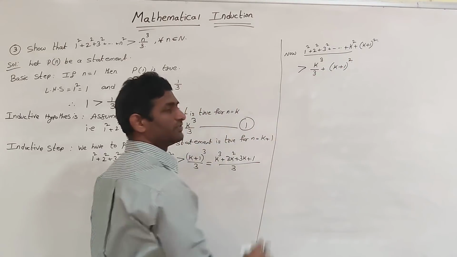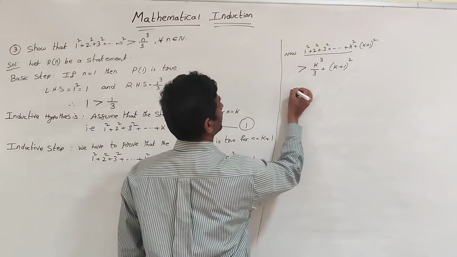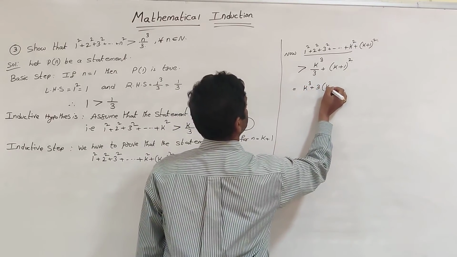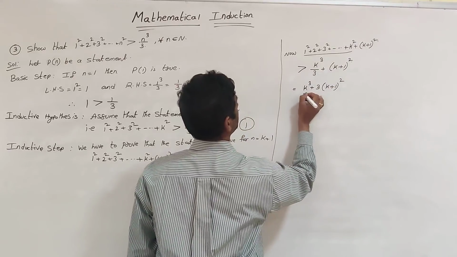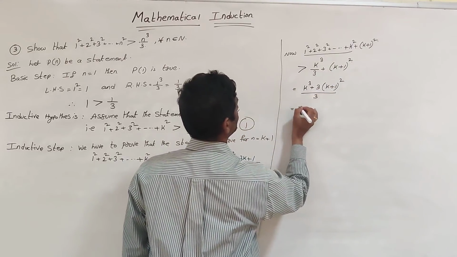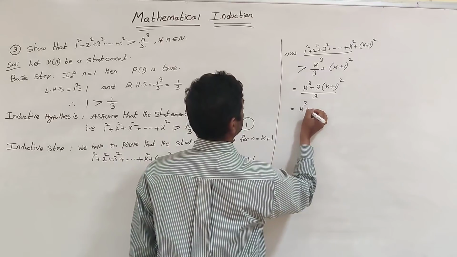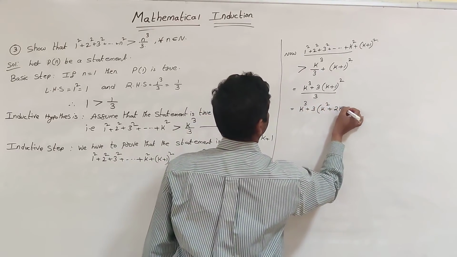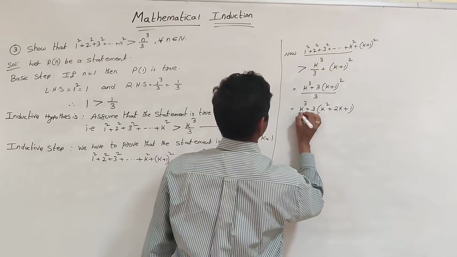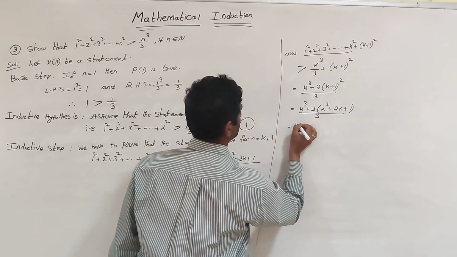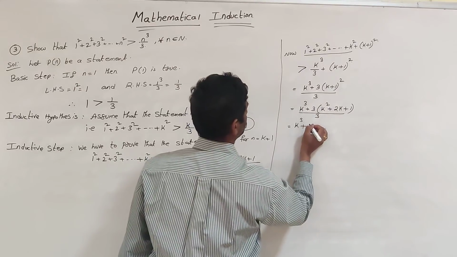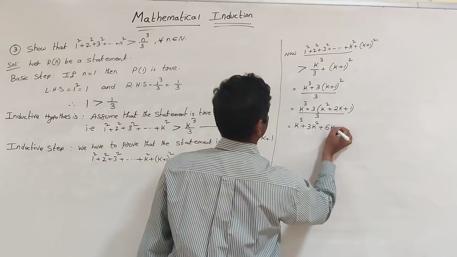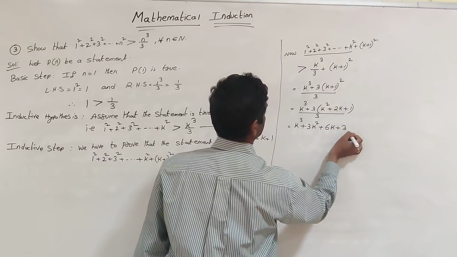Now we will go for simplification of this. K cube plus 3 times k plus 1 whole square, as the LCM is 3, so we can take 3. And if we go for expansion, k cube plus 3 times k square plus 2k plus 1 by 3, which is k cube plus 3 times k square is 3k square plus 3 times 2k is 6k plus 3 times 1 is 3, by 3.